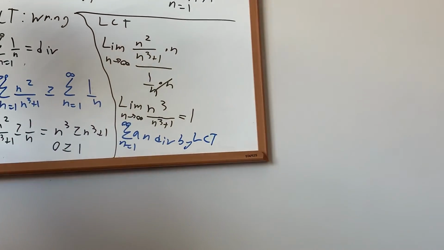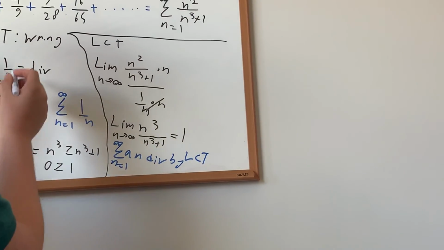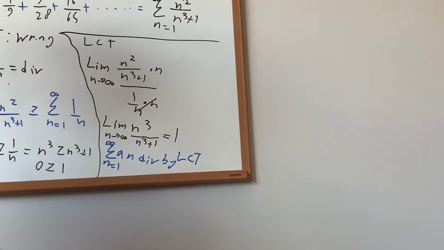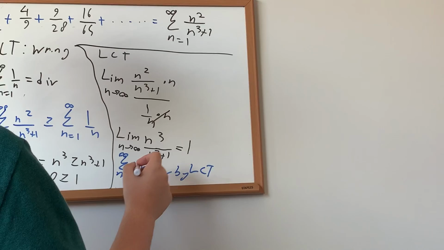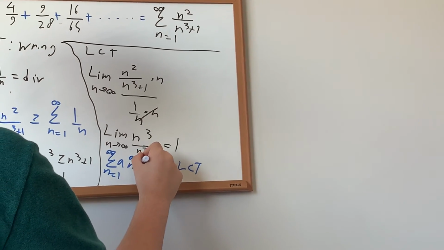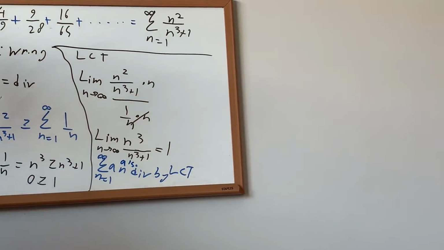Also, because we're comparing with 1 over n, we can say the series from n equals 1 to infinity of a_n also diverges by the limit comparison test.